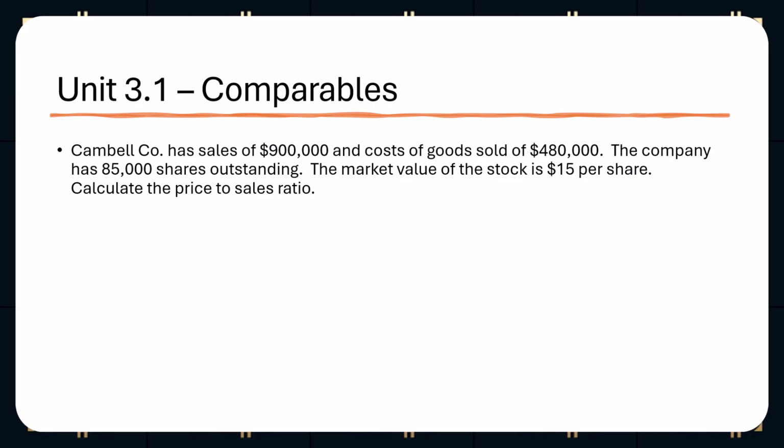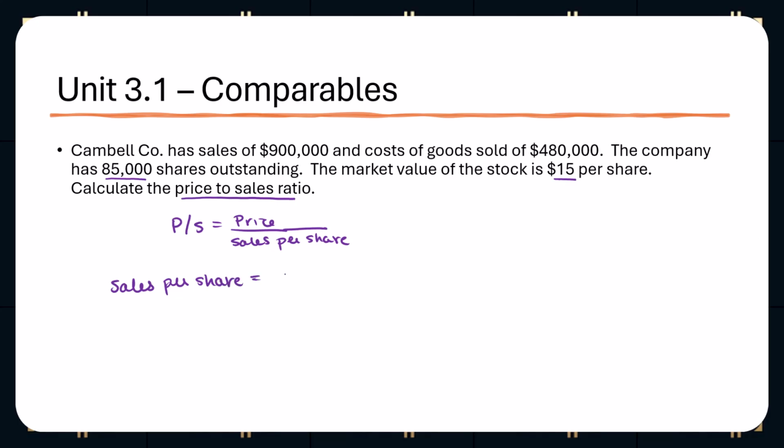Campbell Co. has sales of $900,000, cost of goods sold of $480,000. The company has 85,000 shares outstanding, and the market value of the stock is $15 per share. Calculate the price to sales ratio. Recall that the price to sales ratio is simply the price of the stock divided by sales per share. So what we need to do first is find sales per share.